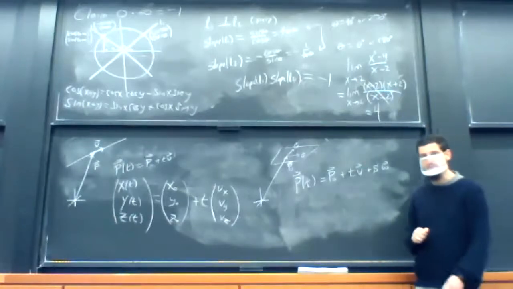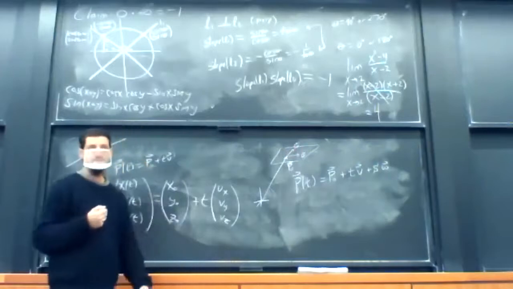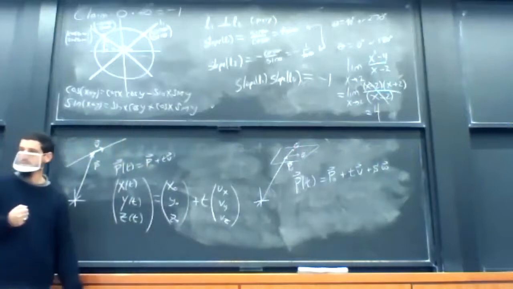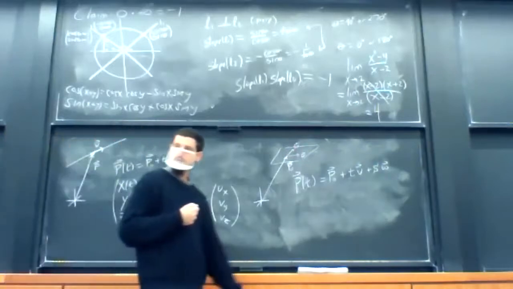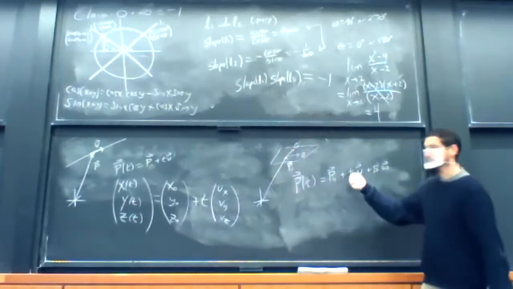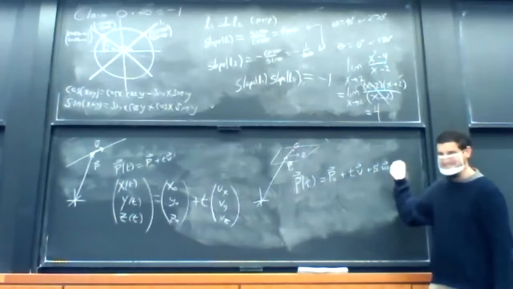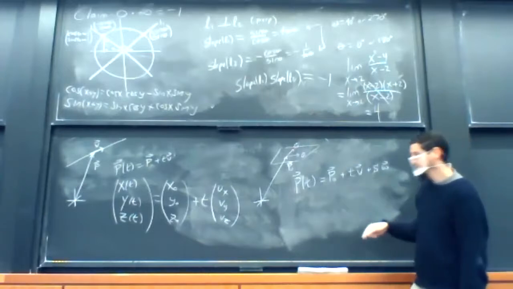What's the easiest value of T and S to understand? So what would be the best values of T and S to plug in? Not 1, 0. If S and T equal 0, this whole thing vanishes.